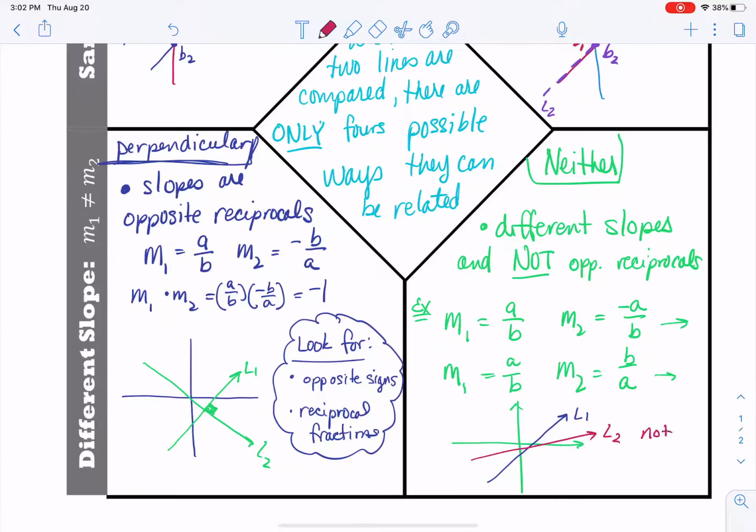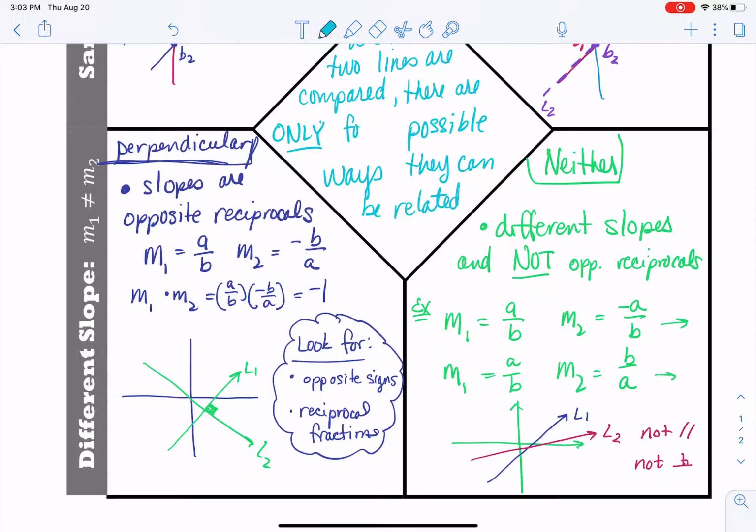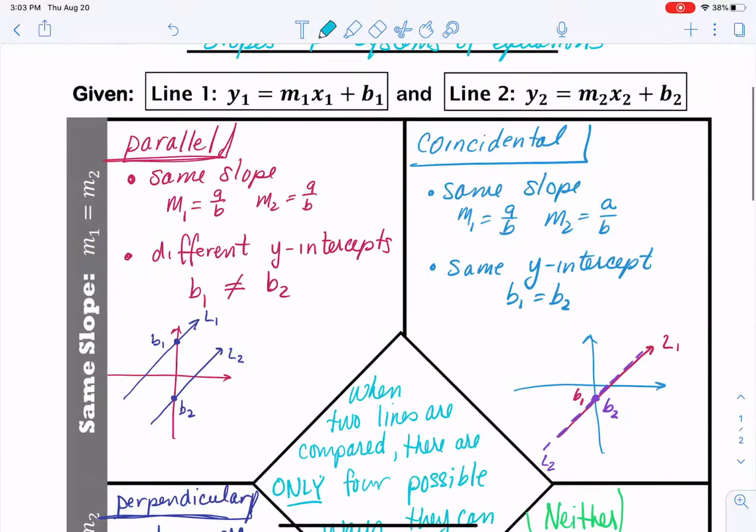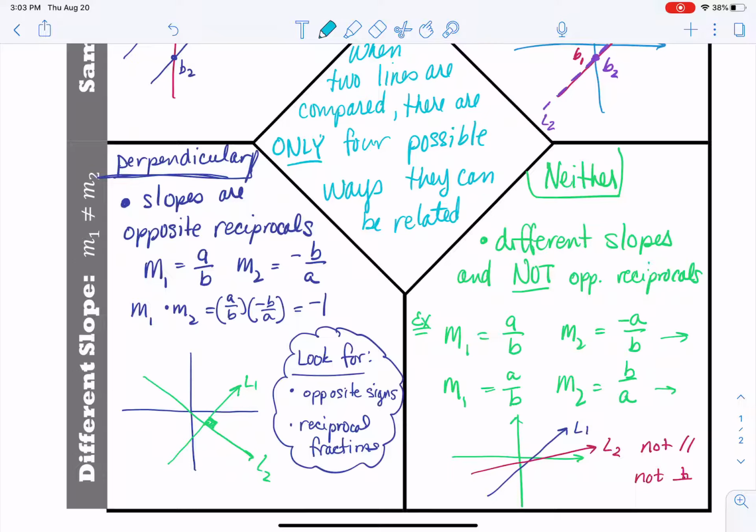They are not parallel, and they are not perpendicular. So of the 4 ways, and there are only 4 possible ways that lines can be related: parallel, coincidental, perpendicular, and neither.